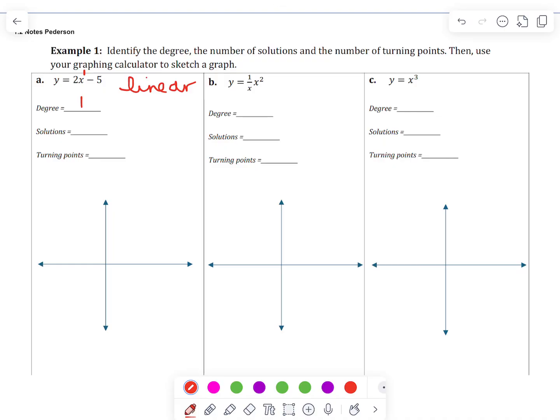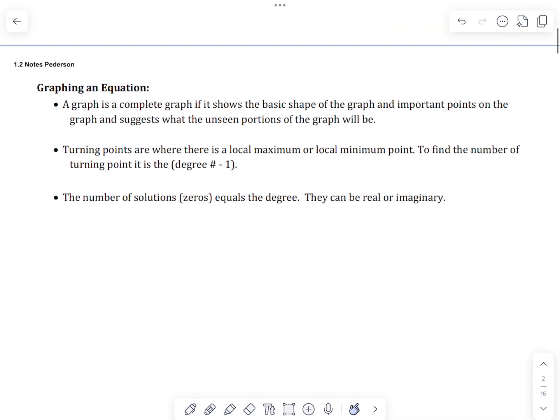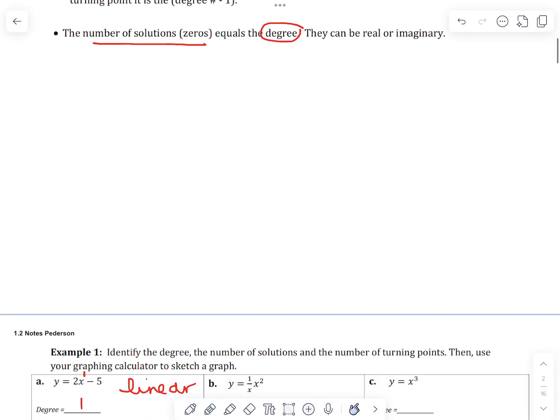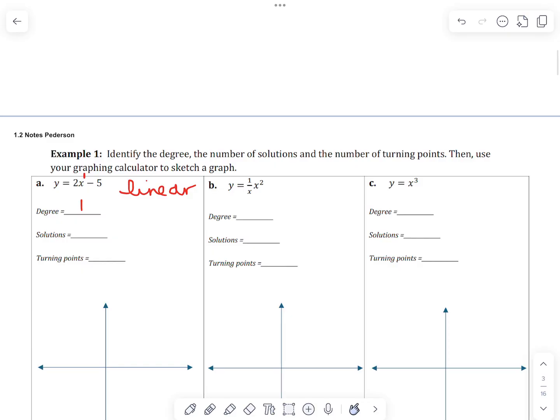The number of solutions it's going to have is going to be how many x-intercepts it has, which if we go back up to our list, the number of solutions or zeros will always equal its degree. So since the degree is 1, it'll have 1 x-intercept.